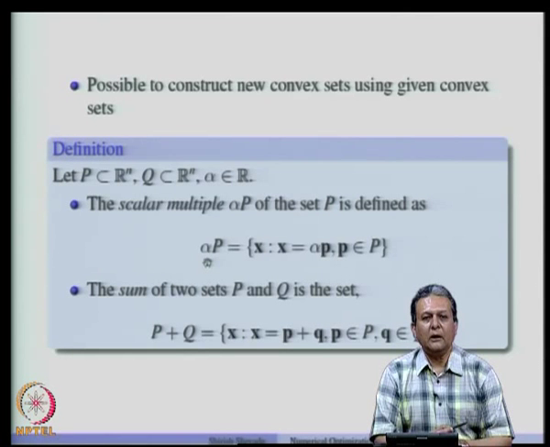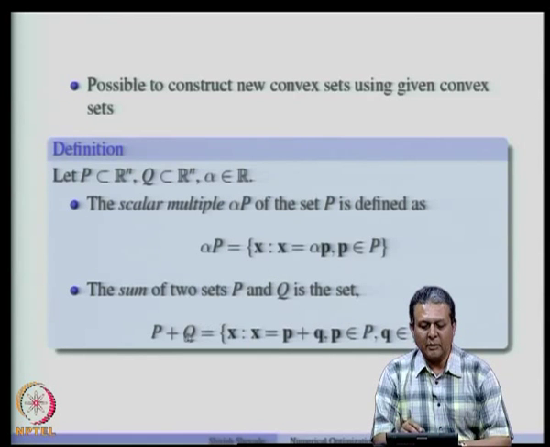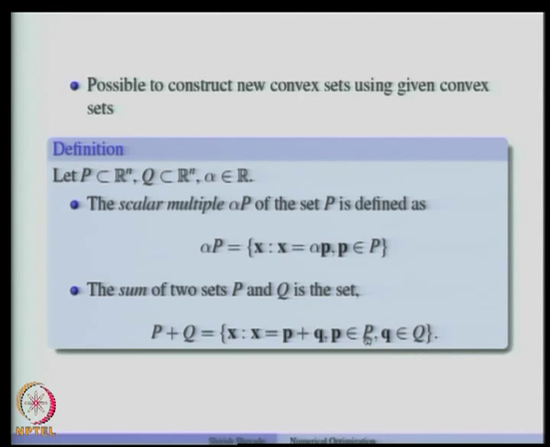Similarly, one can also define the sum of 2 sets, P plus Q, as follows: you take a vector p, or a point p, from the set P and a vector q from the set Q and then sum them up.